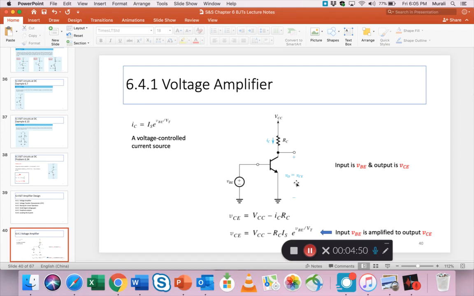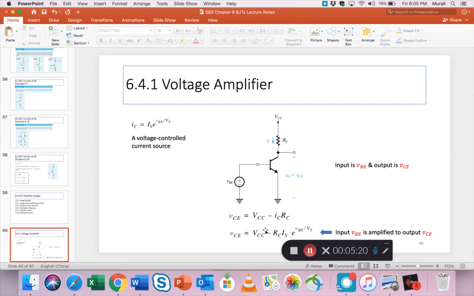Now, how do we get the VCE? We have to use KVL on this circuit, and so simply put, the VCE, or the output, is nothing but VCC minus the IR drop in the collector resistance. You can rewrite the KVL to say VCE equals VCC minus this factor, where instead of IC you put this in.